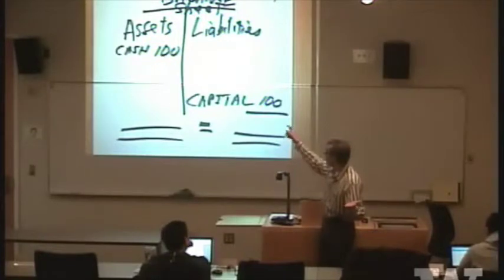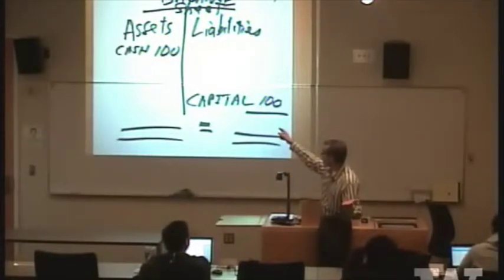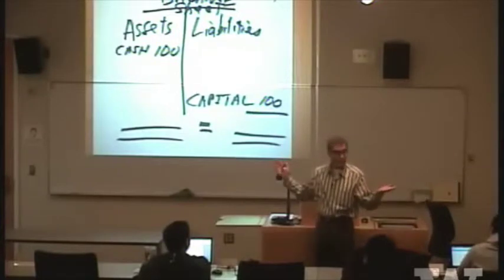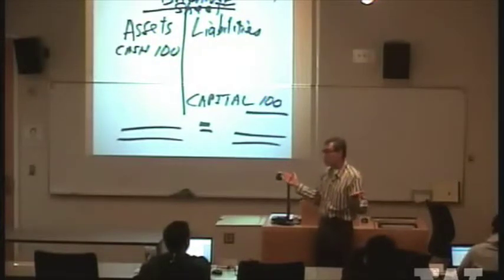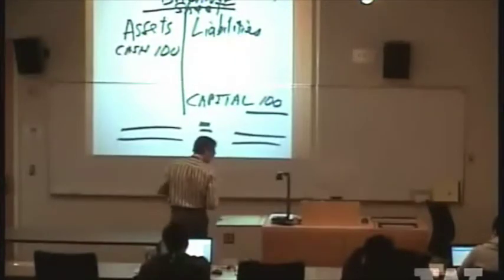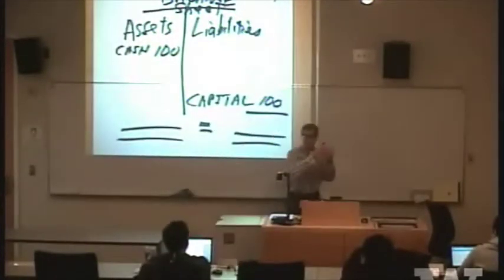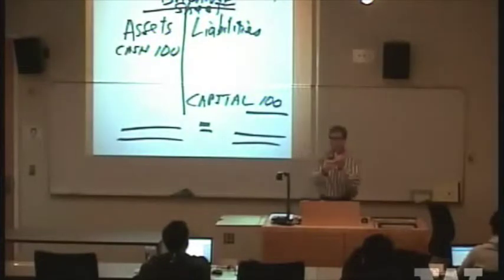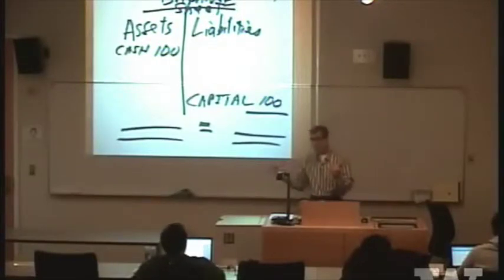If, let's say, 75 of that cash is spent to buy a table, then we will debit an asset account, which is the table, fixed asset, for 75, and we will credit cash.